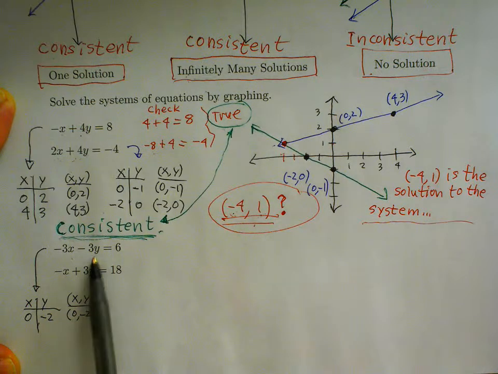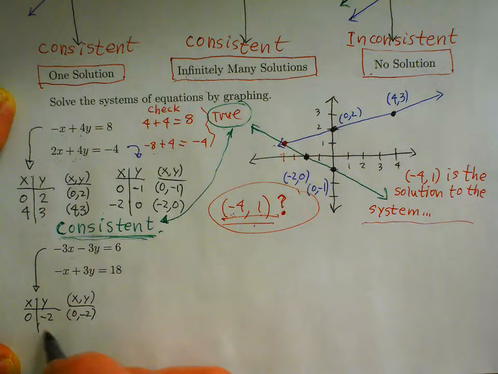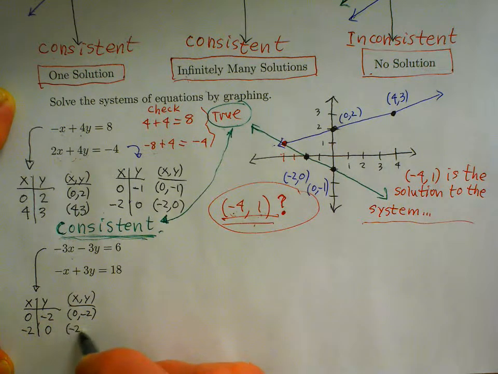And then if we let y be 0, -3x equals 6 means x is -2. So we have the ordered pair -2, 0.